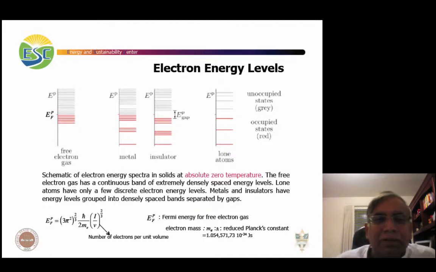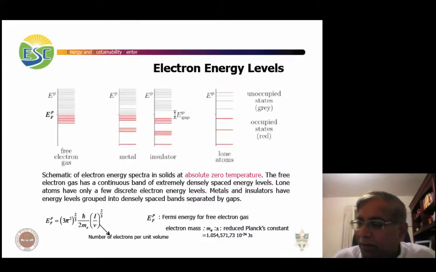In the ground state, that means at absolute zero temperature, the electrons fill the lowest of these energy levels, one electron per state. And in the figure, the occupied states are shown in red. For a macroscopic system, the number of electrons is practically speaking infinite, and so is the number of occupied states.